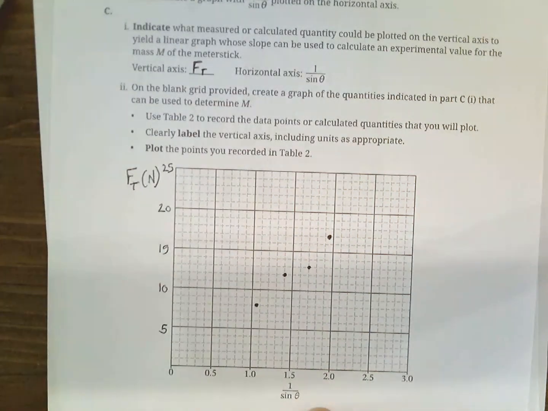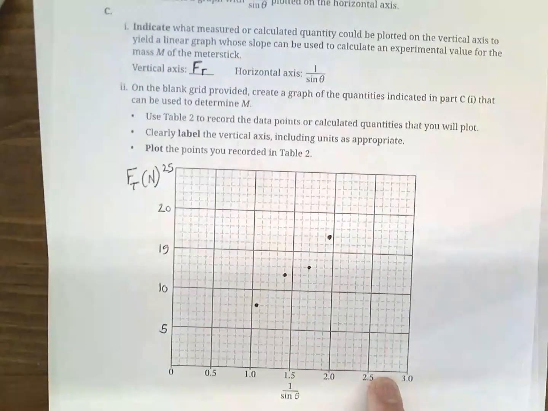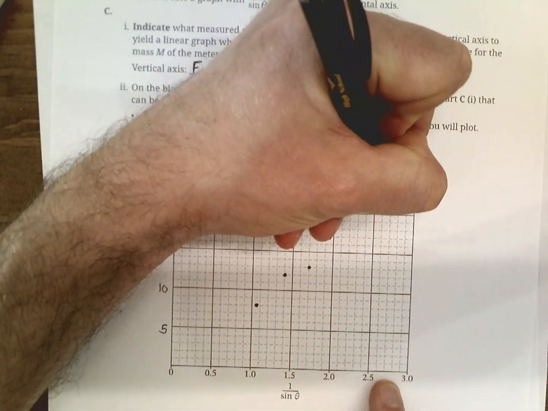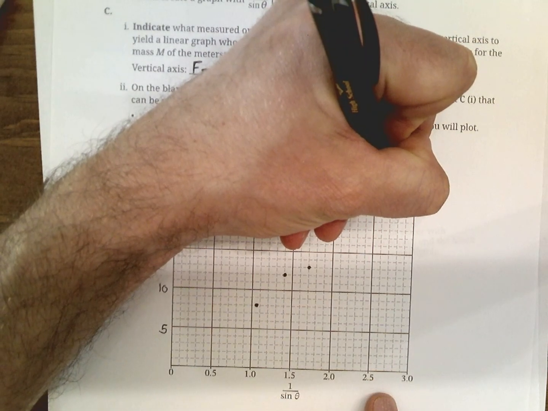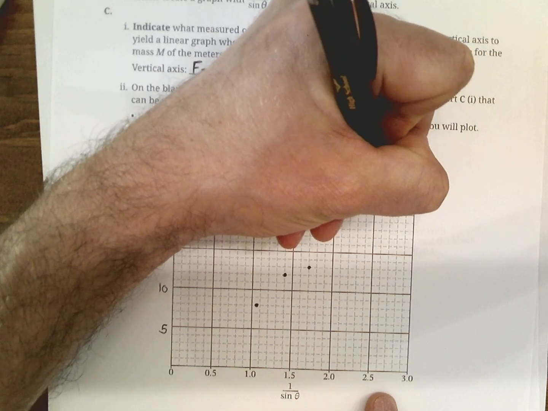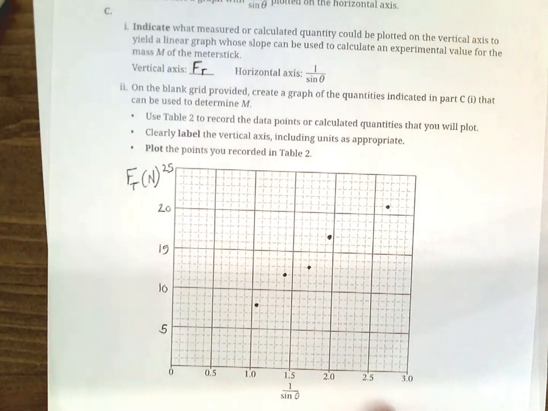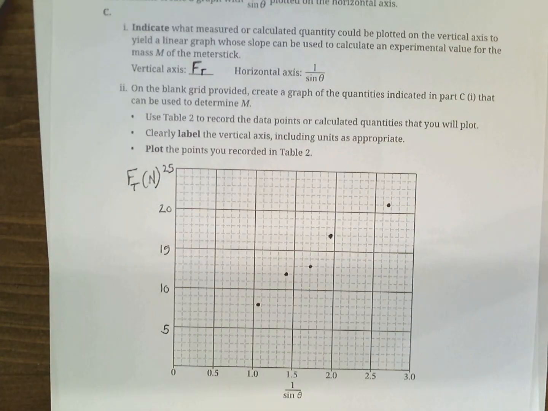And then finally 2.67 and 21. So we jump all the way to 2.67, take about the 2.7 mark, go a little before that, and go to 21. So probably right around here. And we have some data that looks approximately linear.